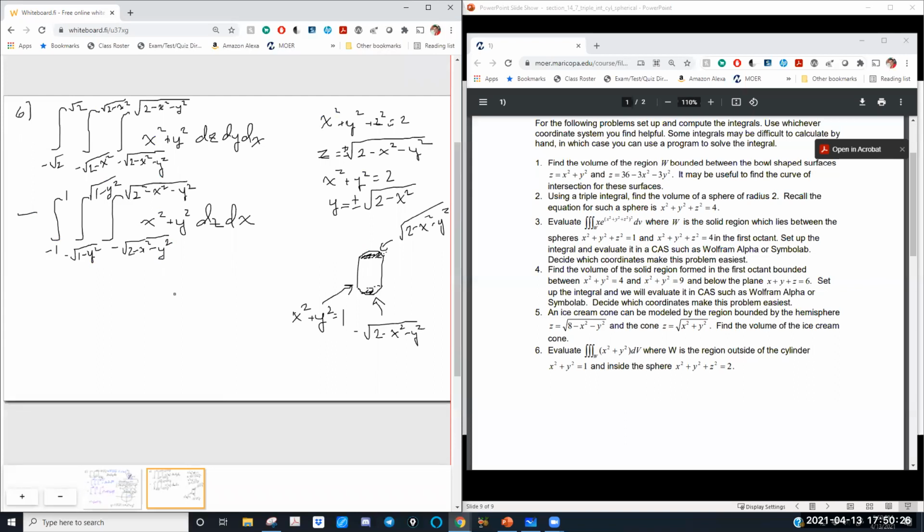Oh, okay. Gotcha. So you want to do whatever's best for you. Because remember, the end goal isn't to write these in all three systems. The end goal is to get the value of the definite integral. So we want to do that in whichever way is going to be easiest for us, and that's going to depend on the user a lot of times.